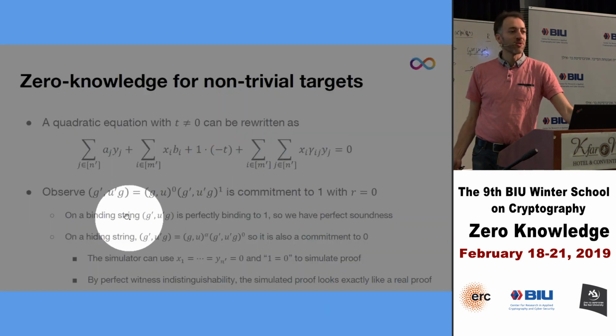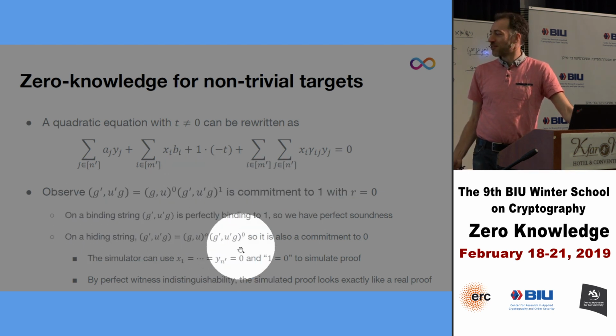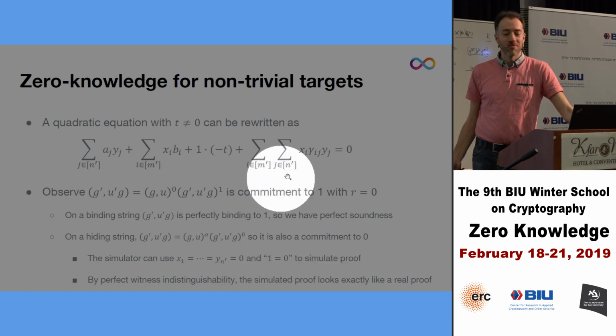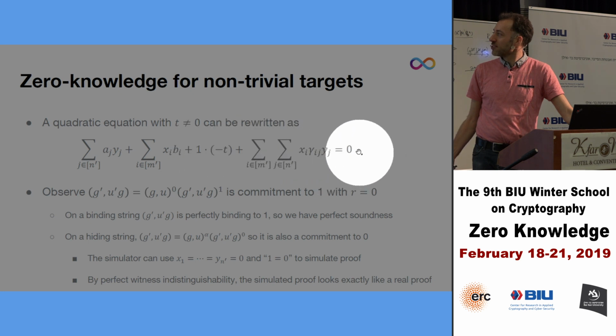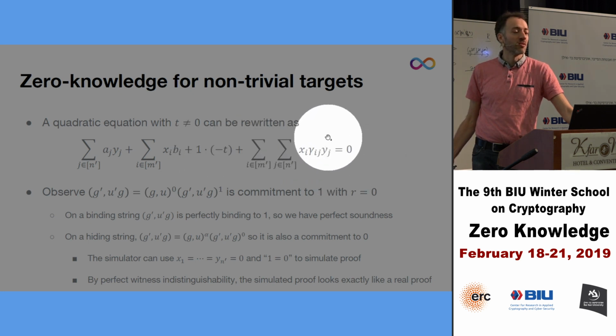And that's great news for the simulator, because now this simple strategy of using the all-zero trivial witness actually works, right? I can equivocate this 1 to instead be a 0. And now I have zeros here, and zeros here, and a 0 here, and zeros here, and it all adds up to 0.